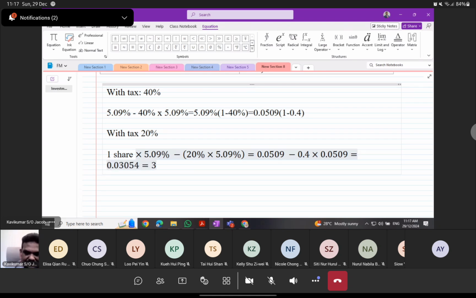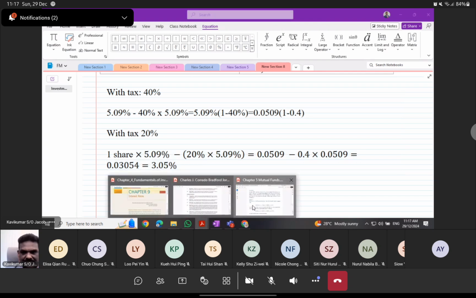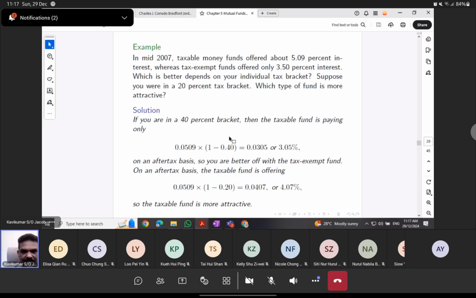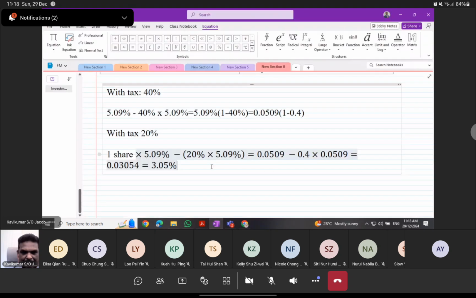So even 20%, actually 40% is more than that. Oh, sorry, I did a wrong calculation.